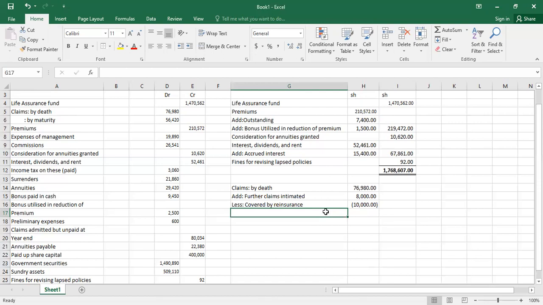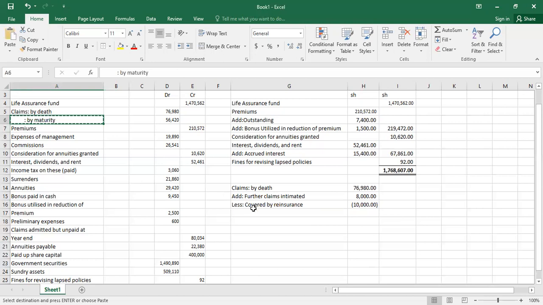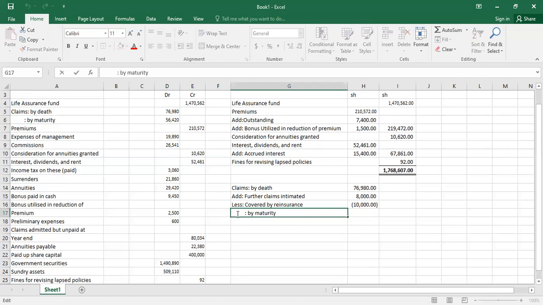Anything else? Then I have the claims by maturity. It's here. I'm supposed to add claims by maturity. Let me indicate here I'm adding.